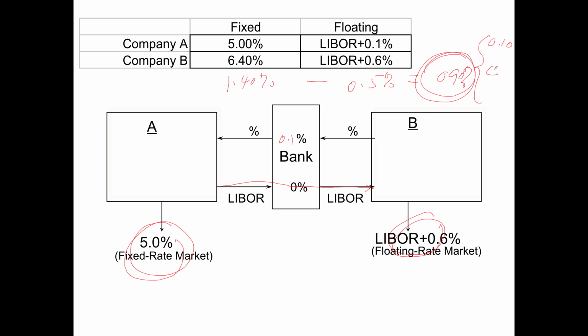Because we know that the saving for both parties is 40 basis points. So for B, if direct borrowing, the effective rate is 6.4. 6.4 minus 0.4, you have 6%. So 6% is your effective rate.